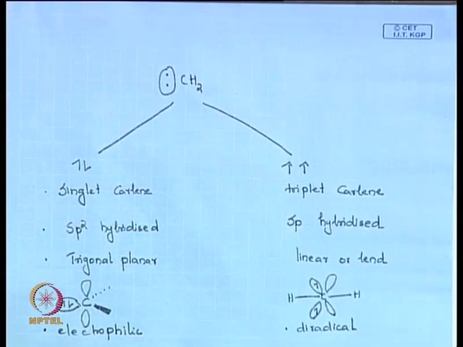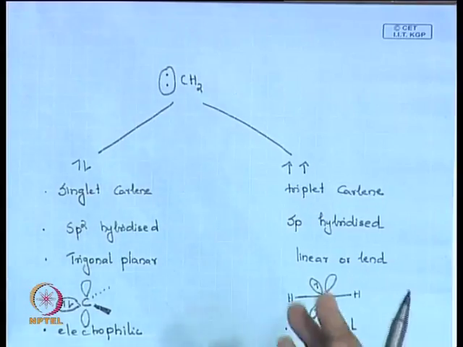That is how you can at least view triplet and singlet. Singlet is more like an electrophile, and most of its reactions work as electrophilic. Triplet works with radical chemistry. There are exceptions, but their character is more like electrophilic.